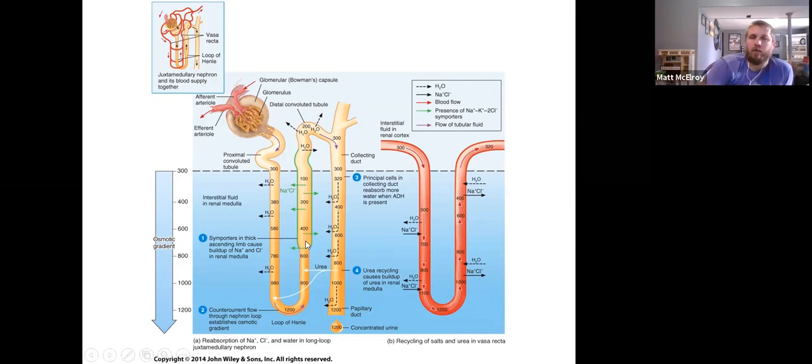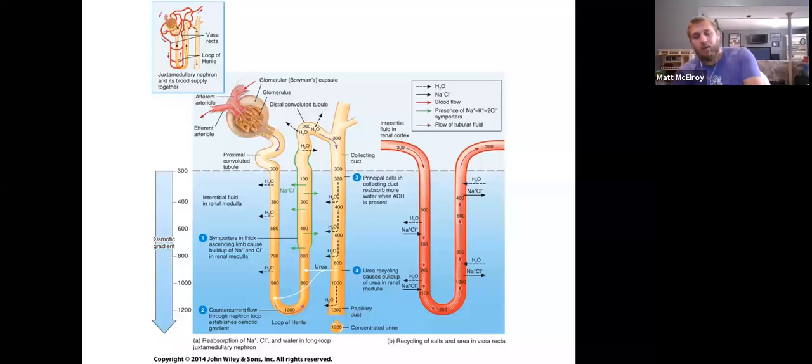So the whole reason we call it a countercurrent multiplier mechanism is because what's taking place in one limb is multiplying and affecting the other limb. Super complicated, and I tried to dumb it down as best I can, but it's pretty complicated stuff.